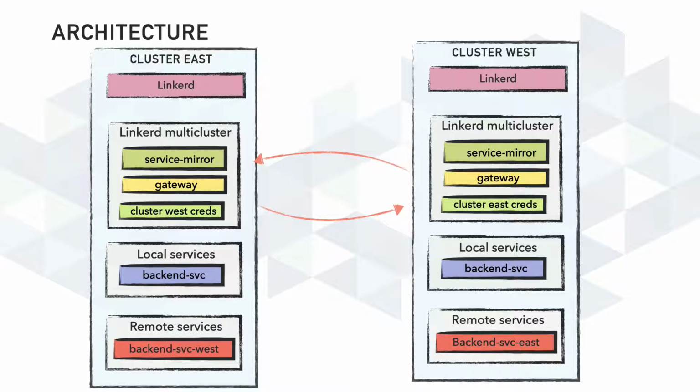And then you have the Linkerd multi-cluster set of components, which consist of the service mirror, the gateway, and the cluster credentials. And then you have your local services and your remote services that are effectively a proxy to services located on other clusters.